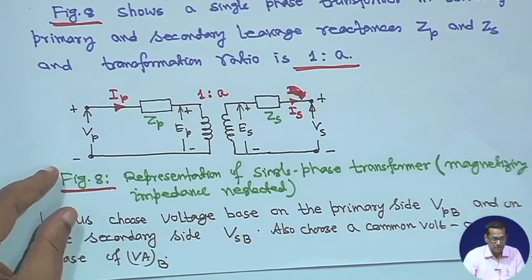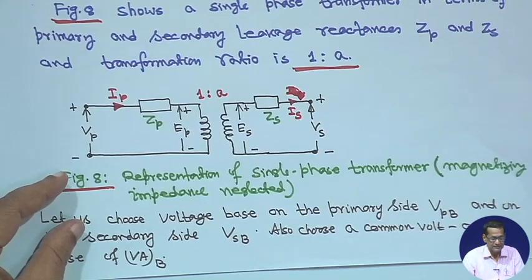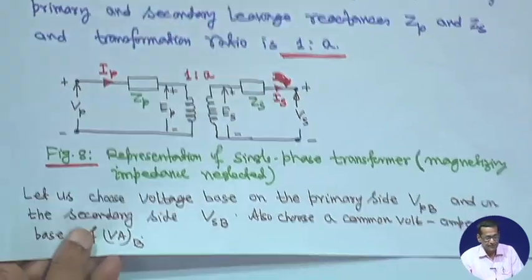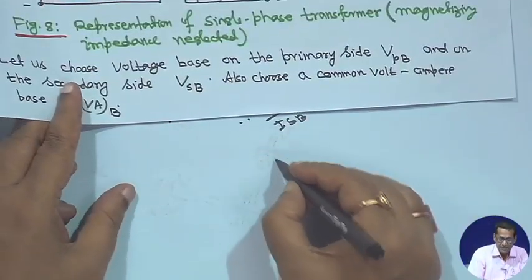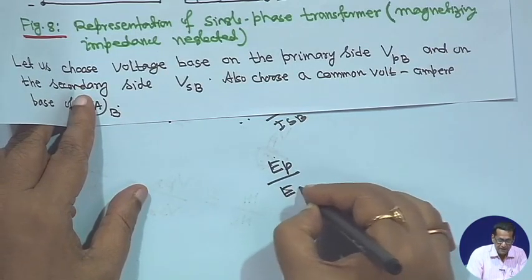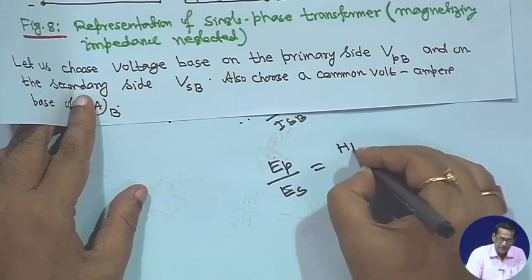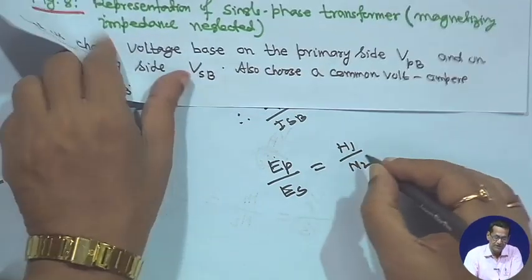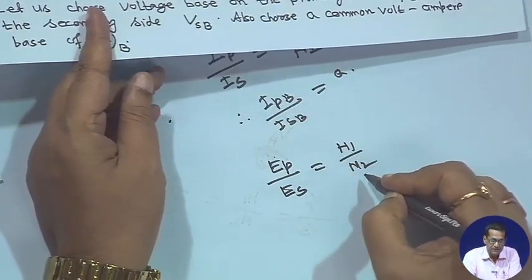EP is the primary voltage and ES is the secondary voltage, which is equal to N1 upon N2, primary number of turns N1, secondary number of turns N2.